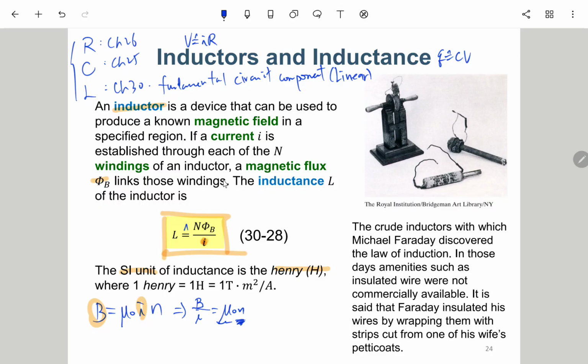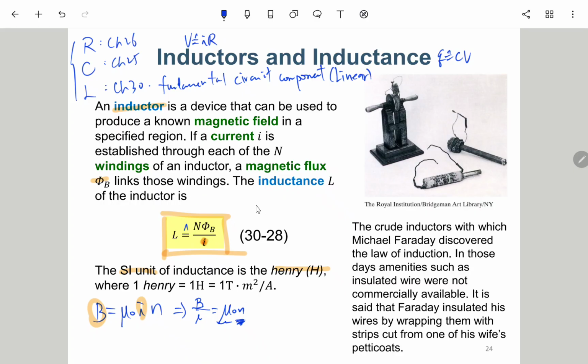Φ_B is of course proportional to the B field itself and the cross section area, also related to the geometric shape. So this thing is only related to the geometric shape, not the current. Of course, the current can change the B field and the magnetic flux generated, and the number of turns is also geometric. So this is the definition for the inductance.